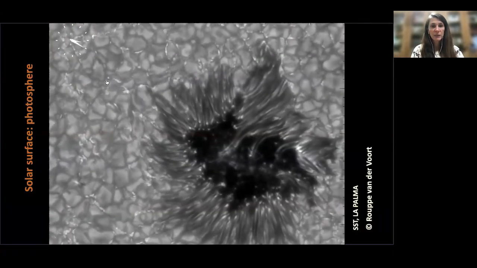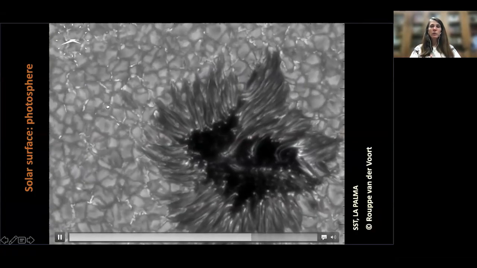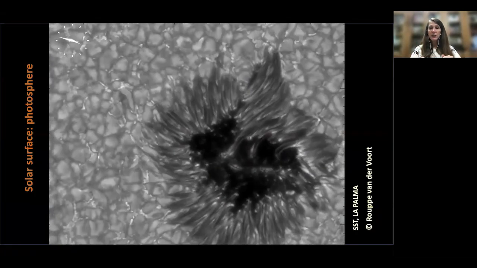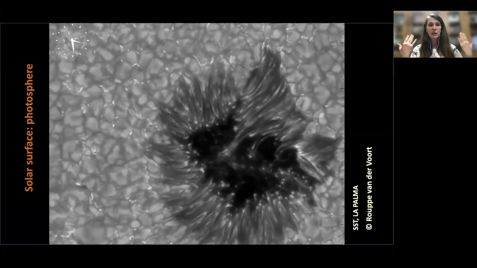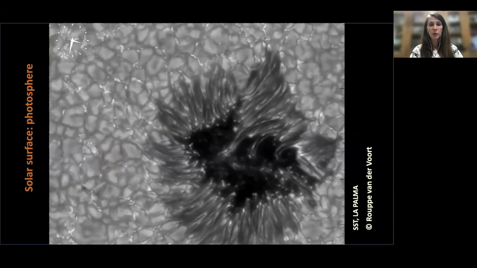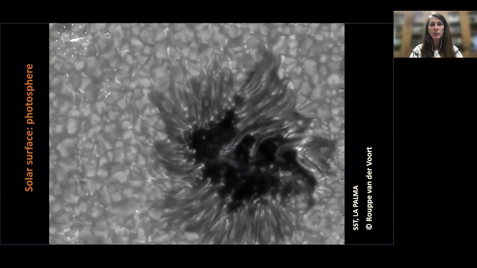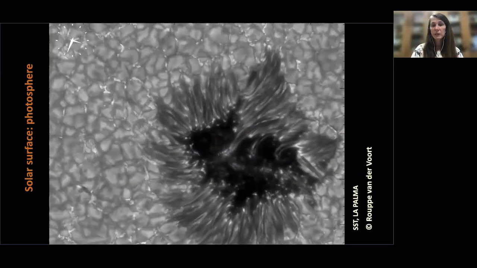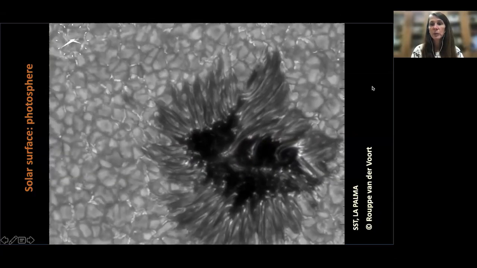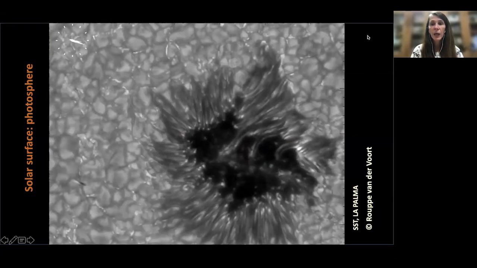Okay, moving next. This comes back to what a solar surface is. The solar surface is the surface where the light gets emitted, and then it reaches us 8 minutes after that, and we obtain this information on the Earth. What we see here is a temporal evolution of an active region of the sun, observed at the Swedish Solar Telescope in La Palma many years ago.